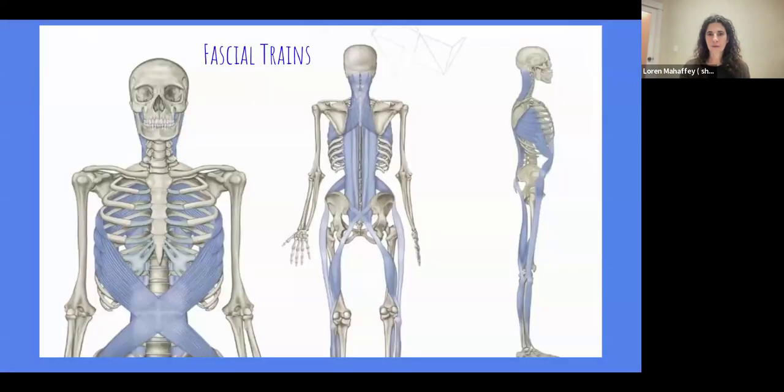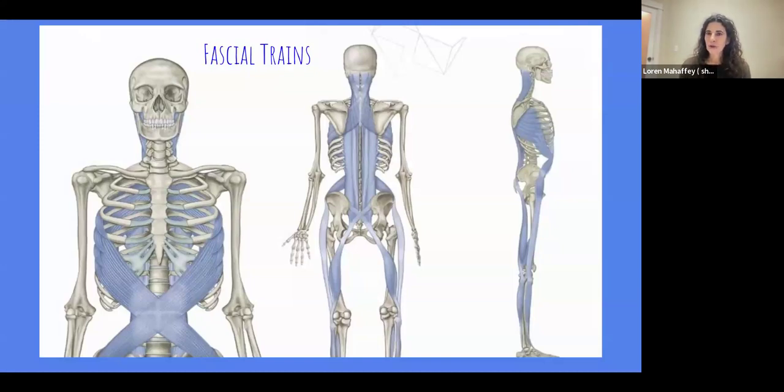And what really influences this is what we call the fascial trains. And this is just simply nothing that you have to memorize, but something that I just want you to see is that we have these fascial pathways throughout our body.